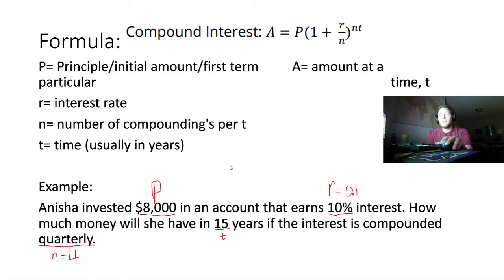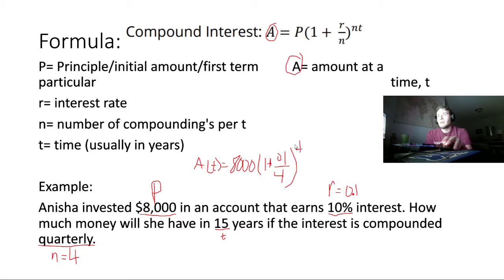So now we're going to write up our function. So I'm going to actually change the way I write A up here. I want to put it as A of t. So A of t is equal to, we want 8,000 parentheses 1 plus, we have R, which is 0.1, over our number of compoundings, which is 4.